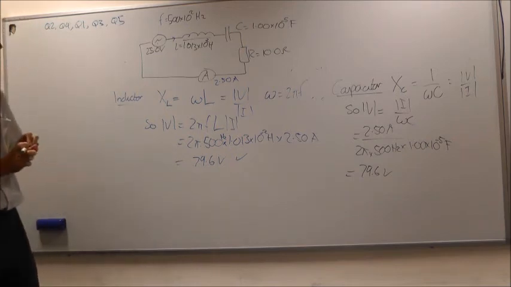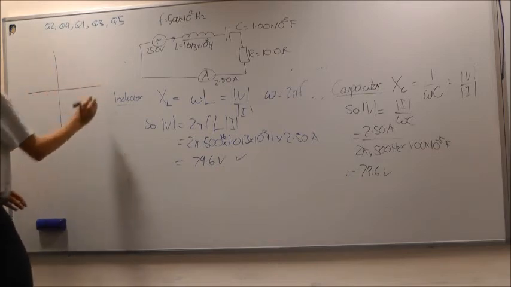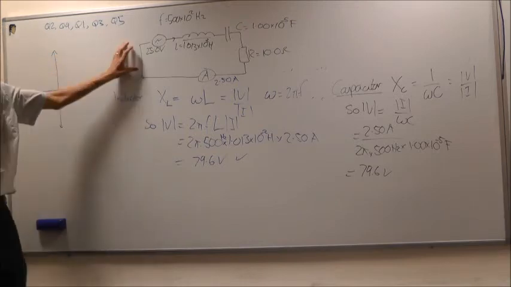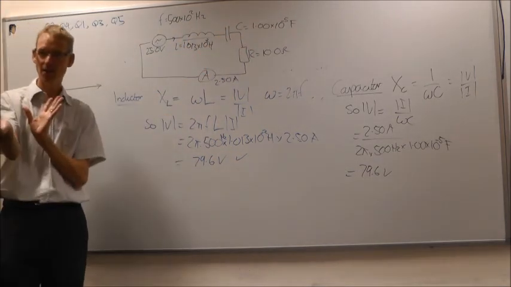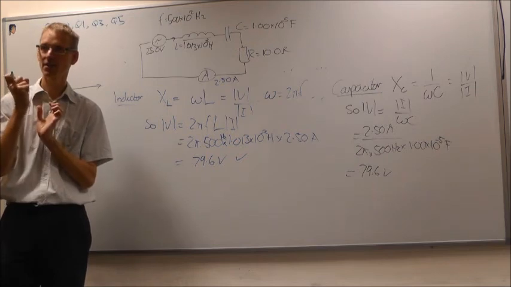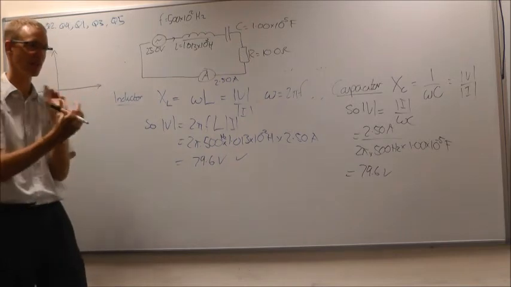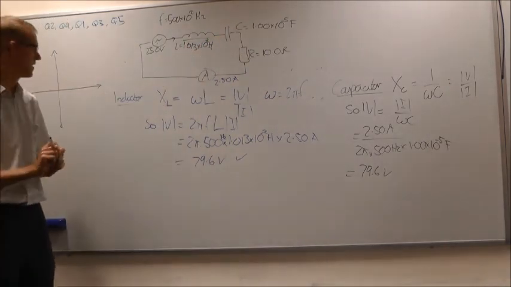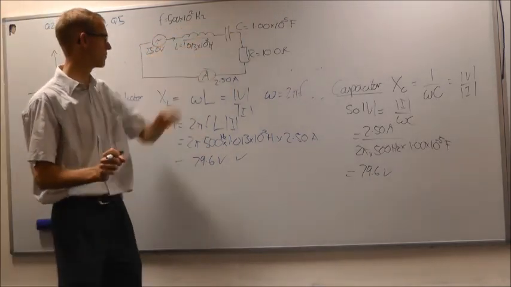Now, we may have a look at some phases here. AC circuit, CLR. The thing to remember are the phases. For the resistor, the voltage and current are in phase, but they're not for the capacitor and the inductor. Now, it's a series circuit, so current is shared by every one of these.